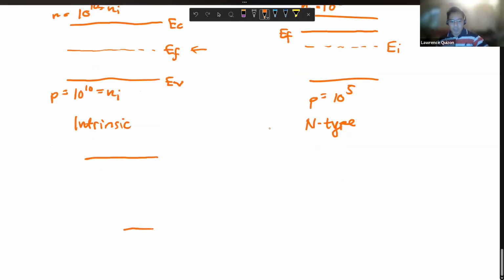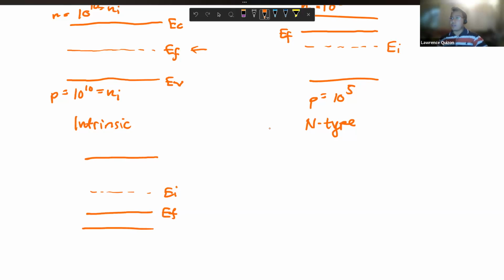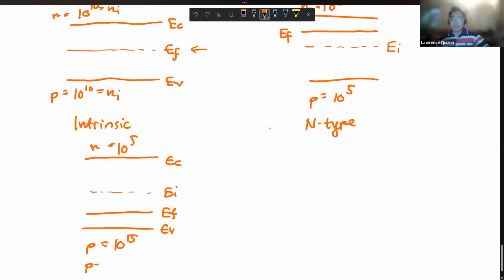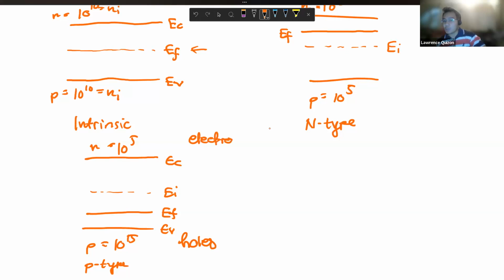Alright. Tapos, next case, P-type, no? So EI is here, EF is here, no? So then, the number of holes would be a little bigger, no? We would have 10 to the 15, thereabouts, right? We have 10 to the 5 electrons, no? For a p-type, no? So wherever EF is, dadami yung carriers dun sa band na yon. And carriers in the valence band are holes, carriers in the conduction band are electrons, no?